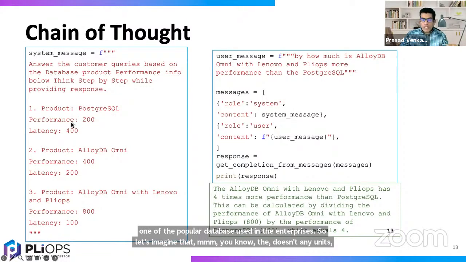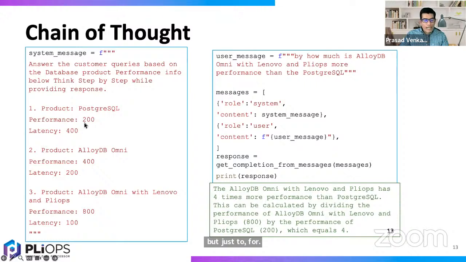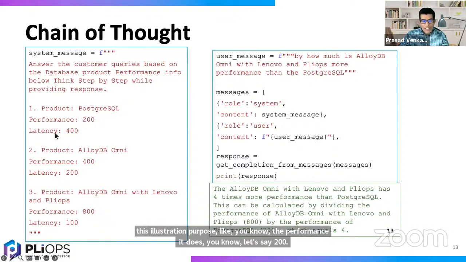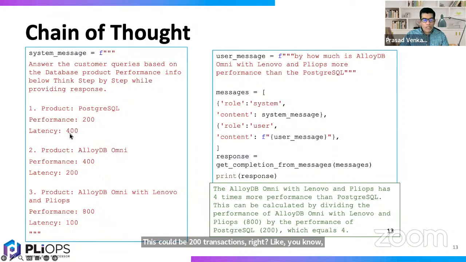This could be 200 transactions, and the latency is 400 milliseconds. So this is the parameter I defined for product one. AlloyDB Omni takes that performance up by 400 and cuts latency down by 200. Then what we're working on with Google, we increase that performance to 400 into 800, and latency to 100. So these are the parameters that I fed to the model.